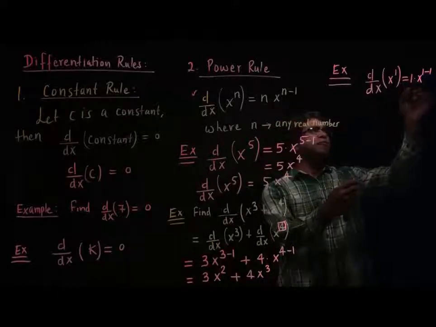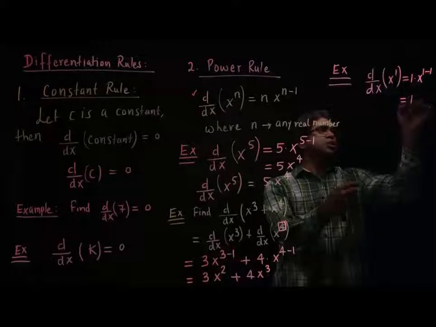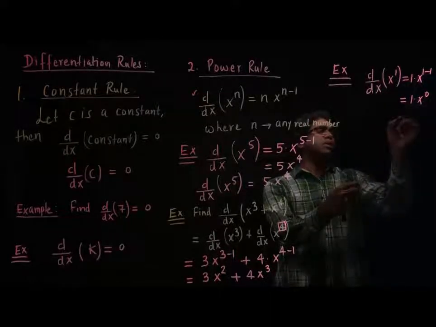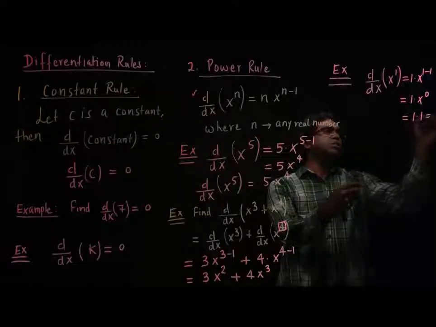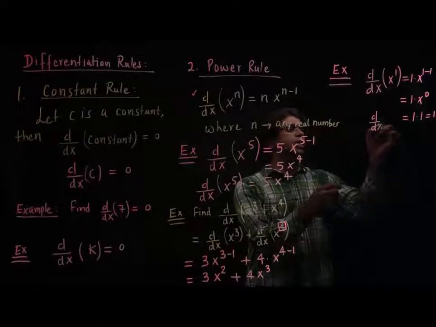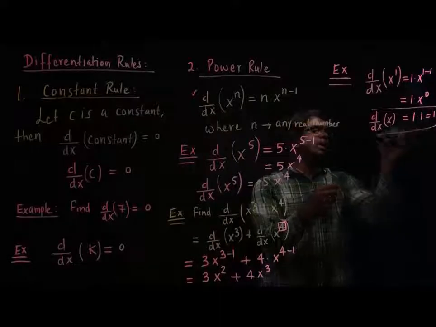So I will write 1 times x to the power 1 minus 1, and 1 minus 1 is what? 0. So I will write 1 times x to the power 0, and x to the power 0 is what? 1. So I will write 1 times 1, which is 1. So dy dx of x is 1, right?